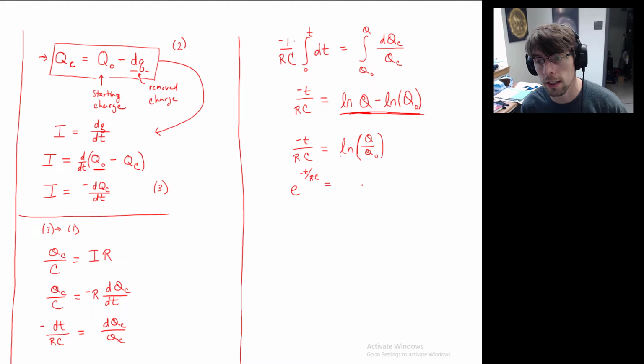And on the right-hand side, raising to the power of the natural log just undoes everything. Those are reciprocal operators. And so I can just write Q over Q naught. And since I want Q by itself, this is Q. The charge on the capacitor plate is given by the initial charge on the capacitor plate times e to the negative t over RC.